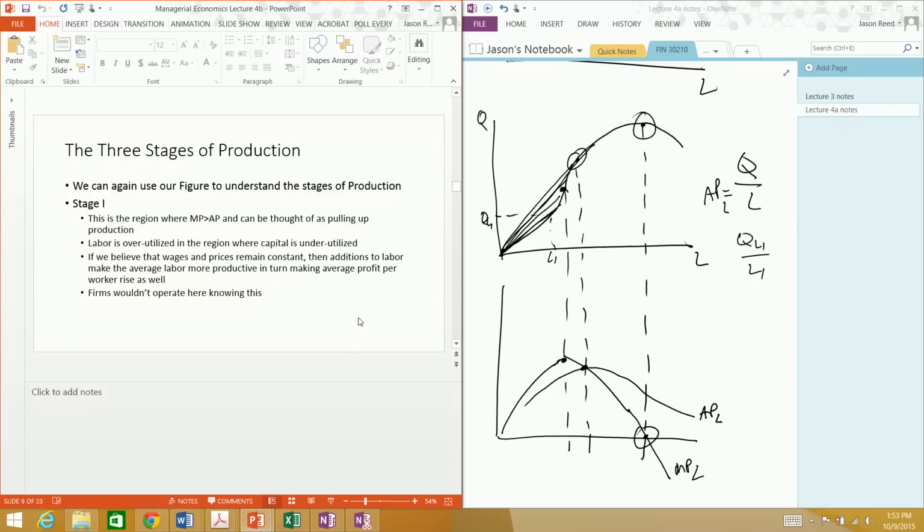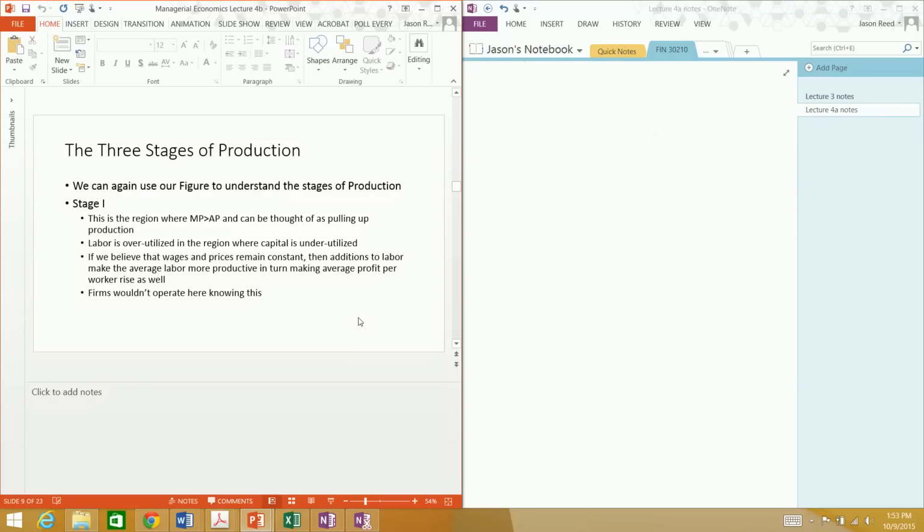So if we believe that wages and prices remain constant, then additions to labor make the average labor more productive, which in turn makes average profit per worker rise as well. So if we're getting on average more output as we add additional workers, and if prices remain constant, that means profits must be rising.